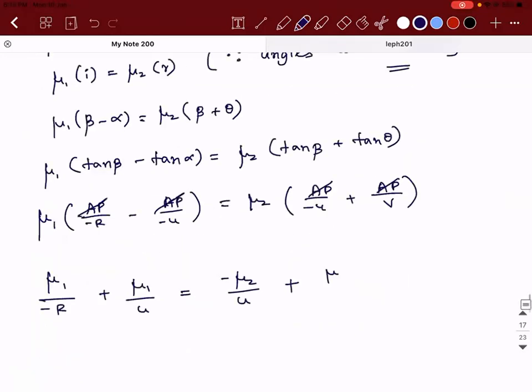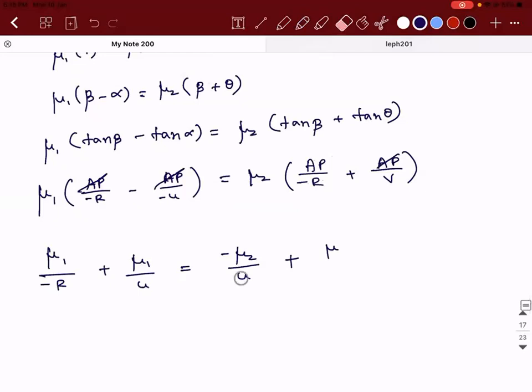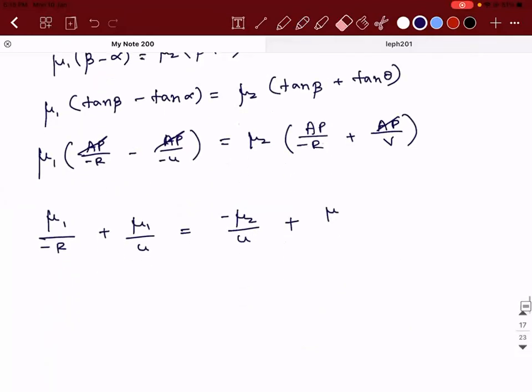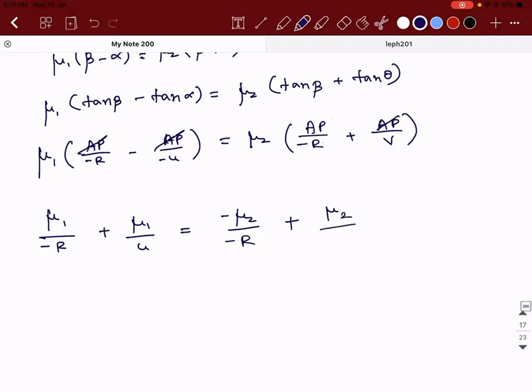This will be tan beta plus tan theta. So this will be AP divided by minus R. So this will give me mu2 divided by minus R. This will be mu2 by V.